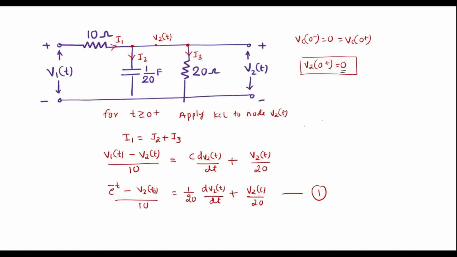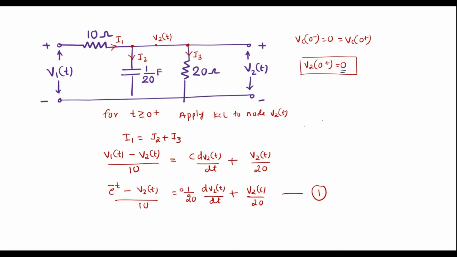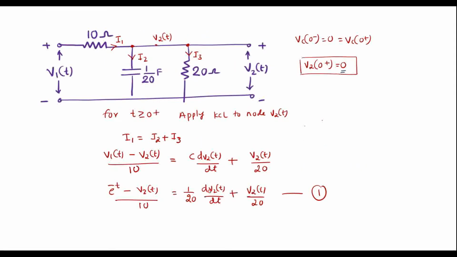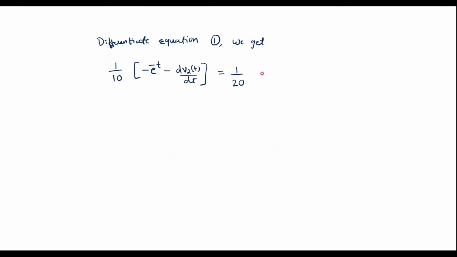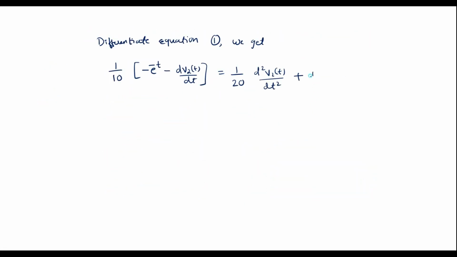So differentiation of v2 of t is minus dv2 of t by dt, and this is equal to 1 over 20 times the differentiation of this, which is d square v2 of t by dt square, plus the differentiation of v2 of t by 20, which is dv2 of t by dt into 1 by 20, that is 1 over 20 dv2 of t by dt.